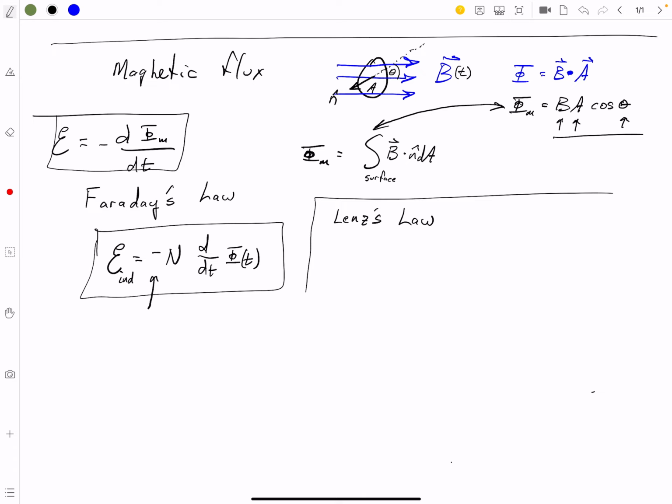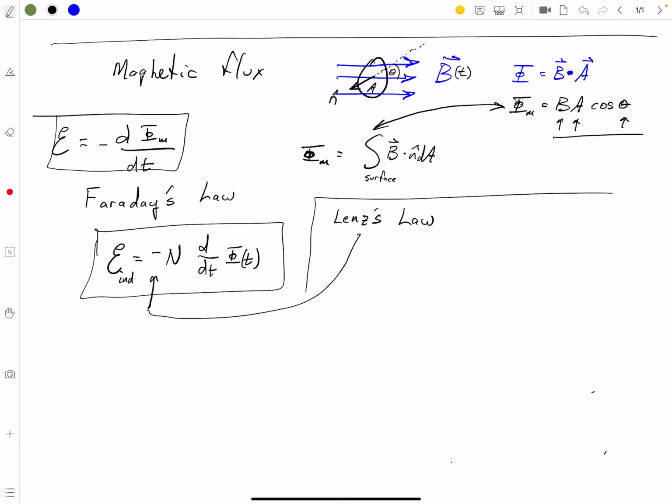Lenz's law is that negative sign. What does that mean? That means that the current from the EMF that is induced is going to be such that the B that it induces opposes the change in the B in the first place. So it sounds like gobbledygook, right? But it's really a real thing.